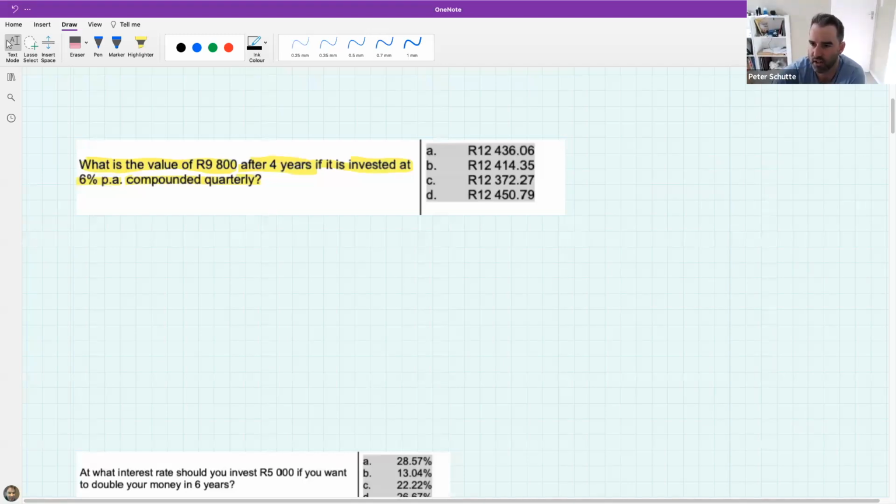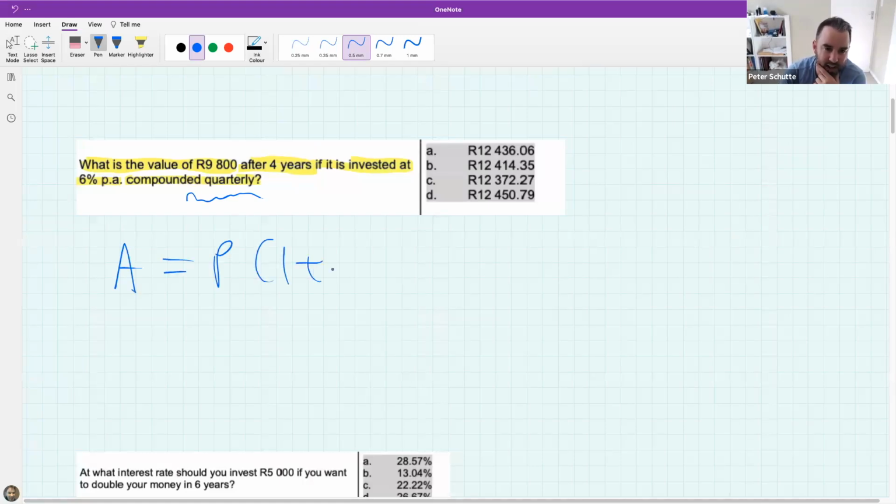Let's go to Keisha. Keisha, what do you think is important to consider in this situation? Hi, sir. So, in this question, it says quarterly, which is different from the other one because it said annually. Yes. Okay. So how does that affect this formula?